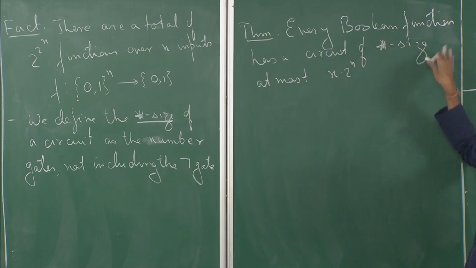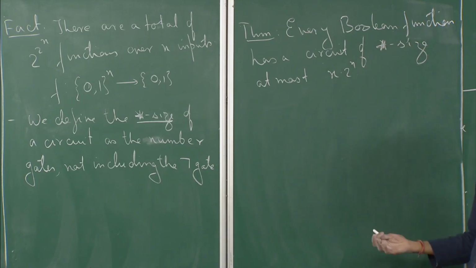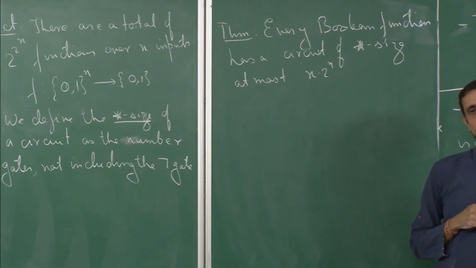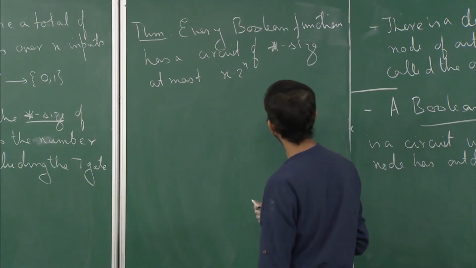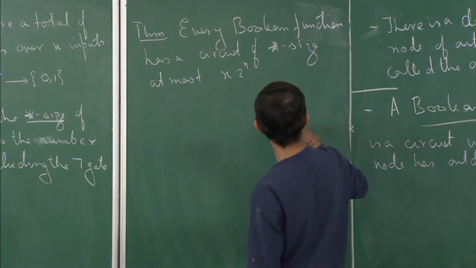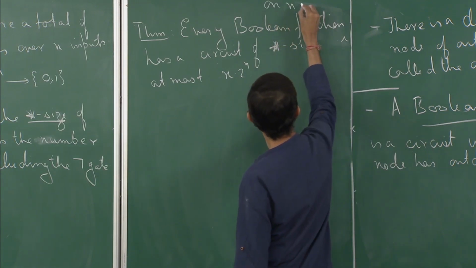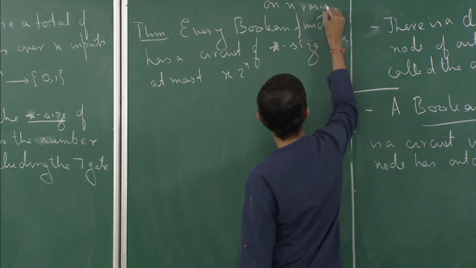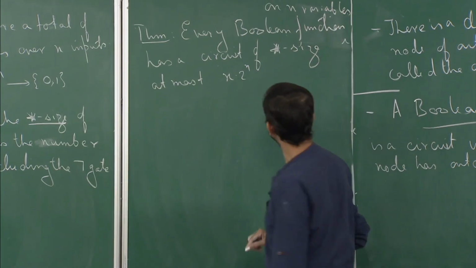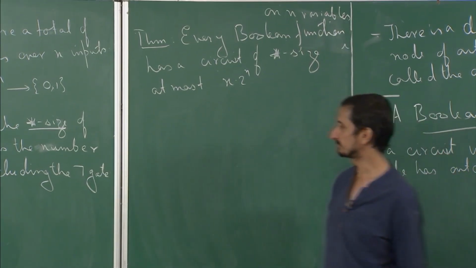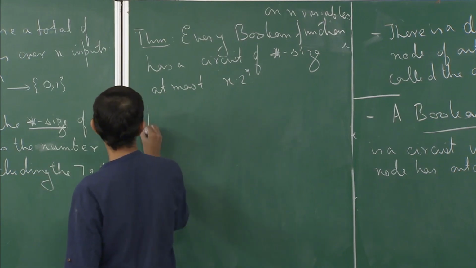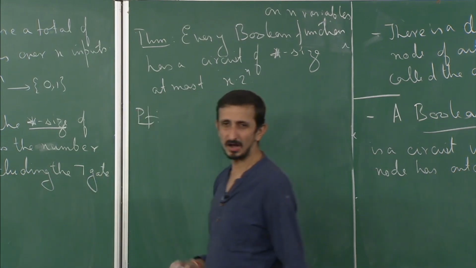So every Boolean function has a circuit of star size at most n into 2 to the power n. Okay. So again, to be more specific, every Boolean function on n variables has a circuit of star size this much. So how do we prove this?